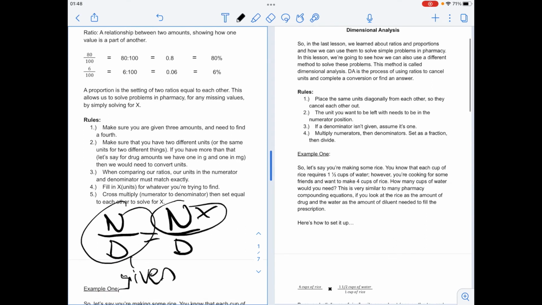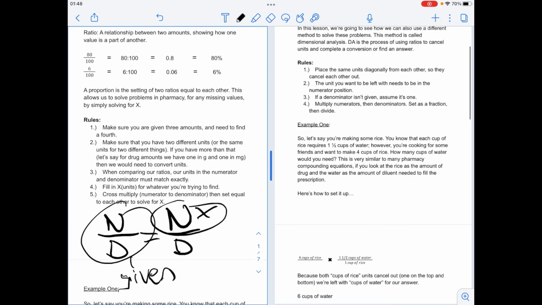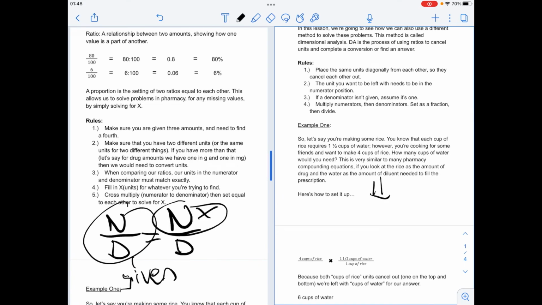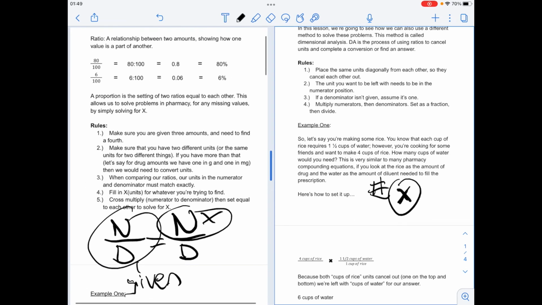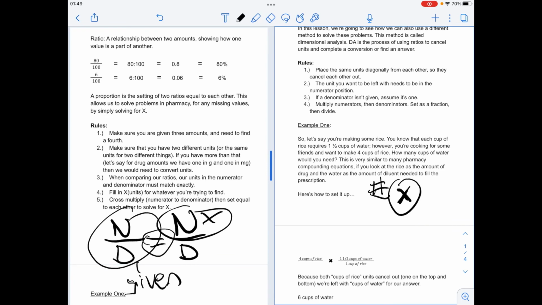Dimensional analysis works by crossing out units. So here we're going to have a number that we start with. Multiply. So we don't set equal in dimensional analysis. Here we set equal in ratio proportion. Dimensional analysis, we multiply it by our given.